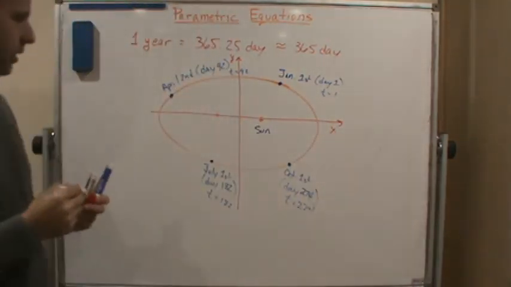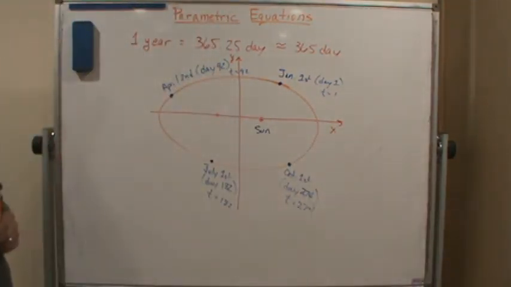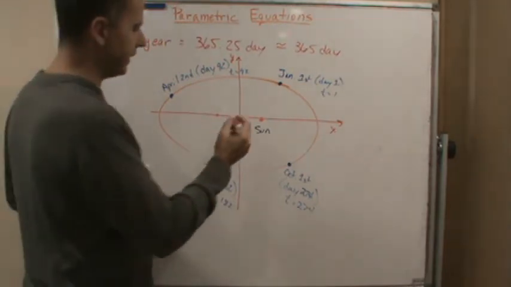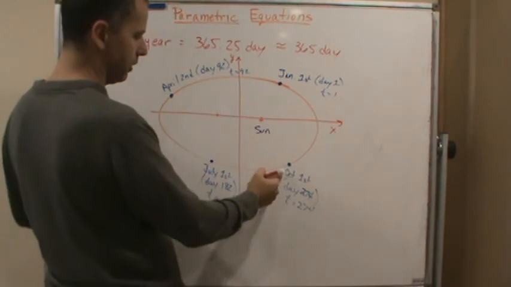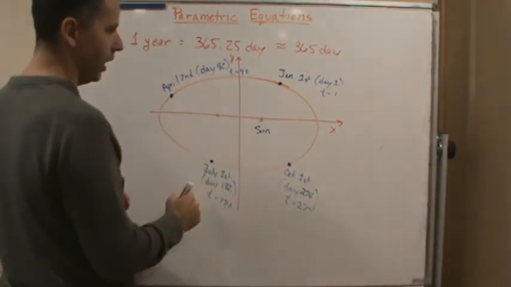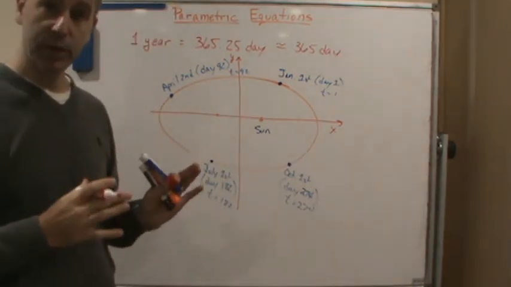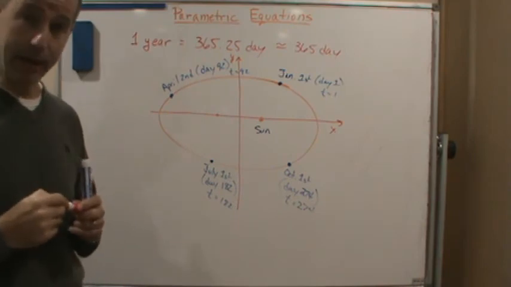Okay, so there's the XY coordinate system. What this means is I can represent any point along this curve as an XY coordinate, but each position is dependent on time.